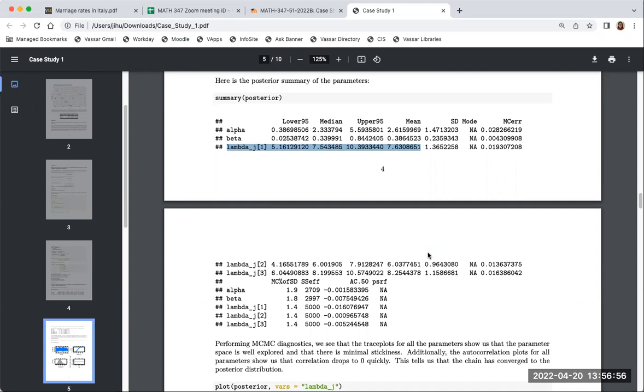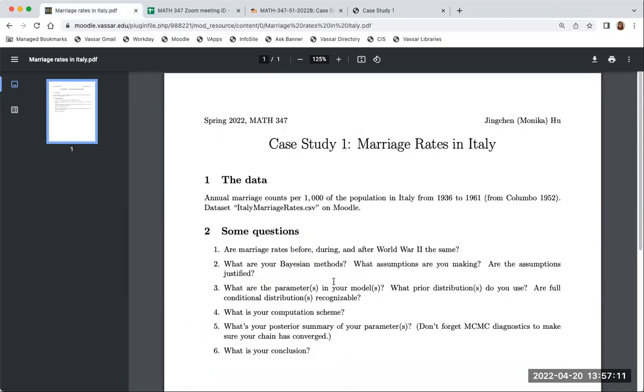I guess both will be fine, but if you do 5,000 draws, most likely you will get very similar results even without doing the predictions. Yeah, I agree. If we go back to the question itself, it's asking whether the marriage rates before, during, and after World War II are the same or not.